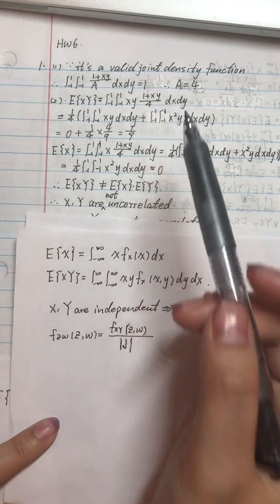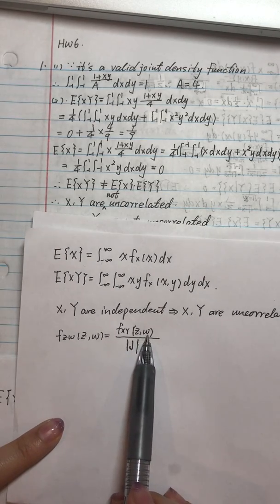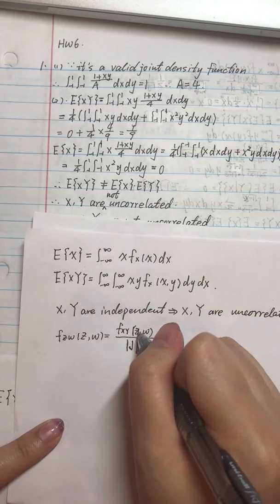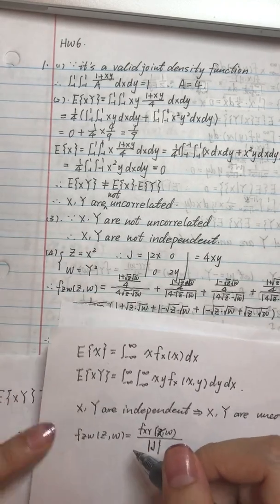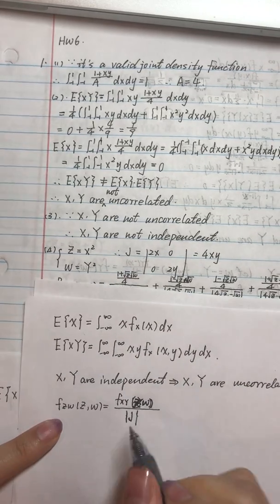And we have the formula that f(z,w) equals f(x,y) over J.